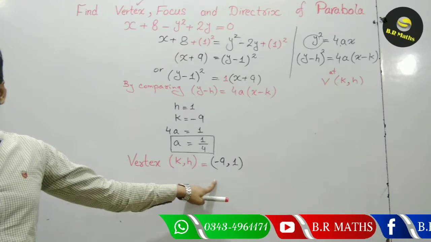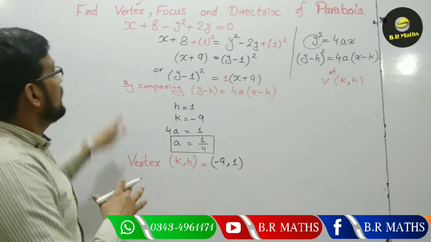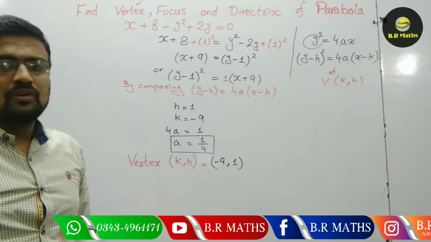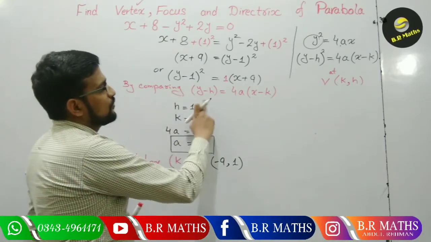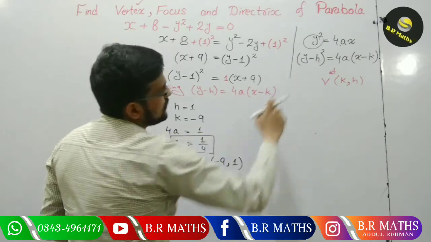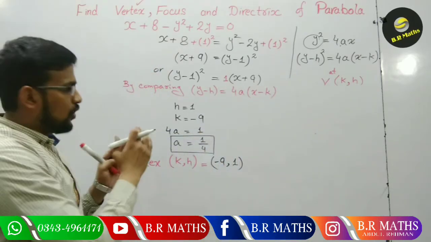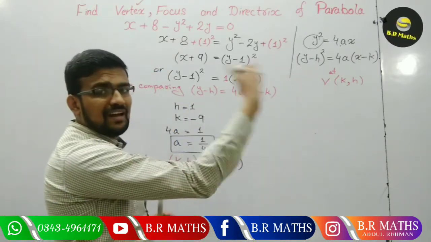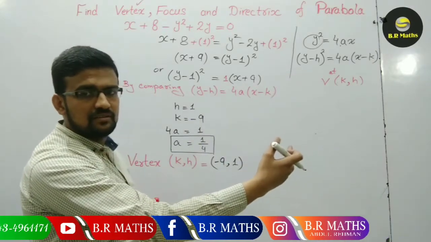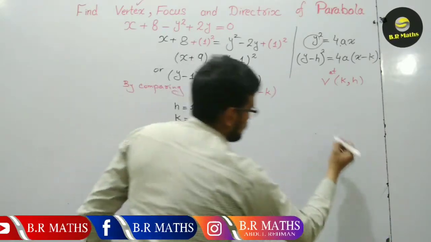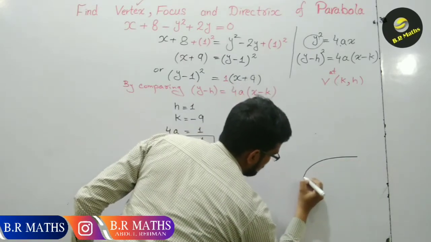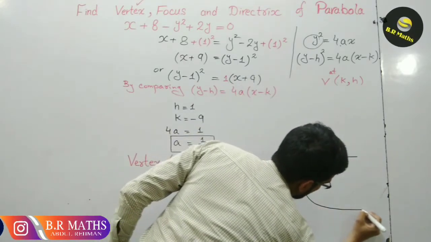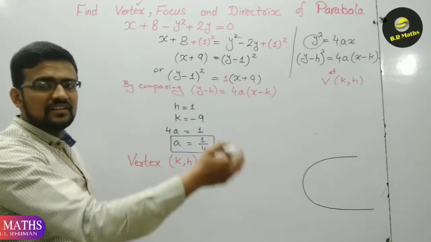So students, after finding the vertex, now the focus. Firstly, check this y². It means the parabola opens on the right side of the x-axis. The shape of the parabola looks like this, opening on the right side.